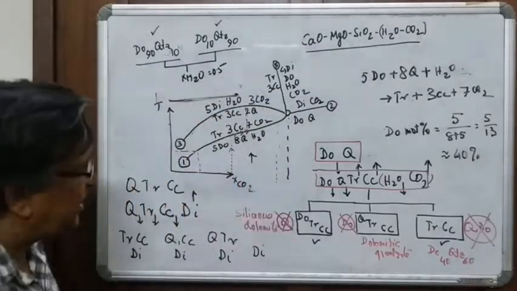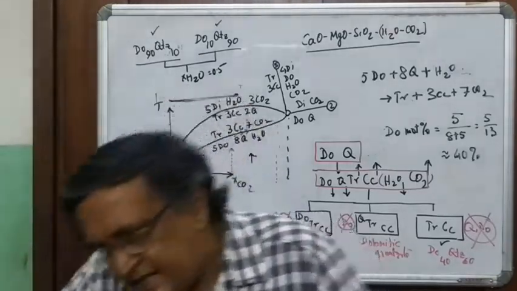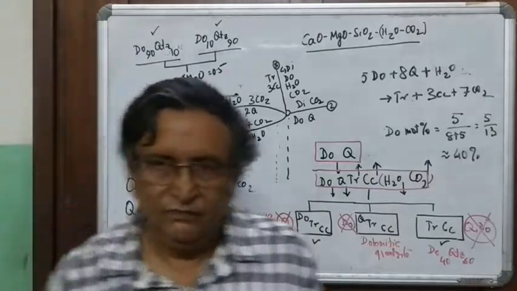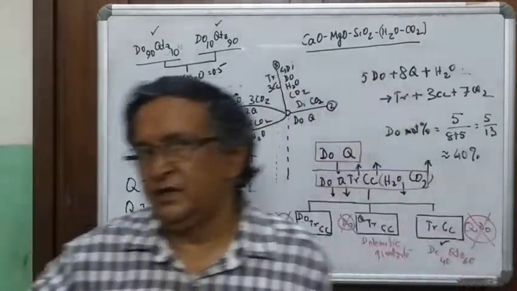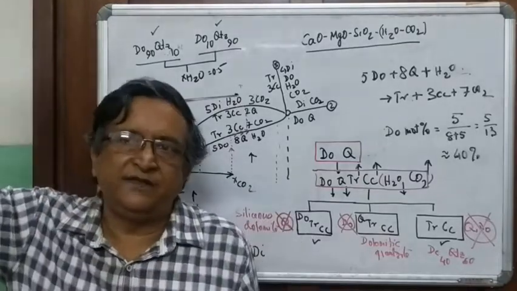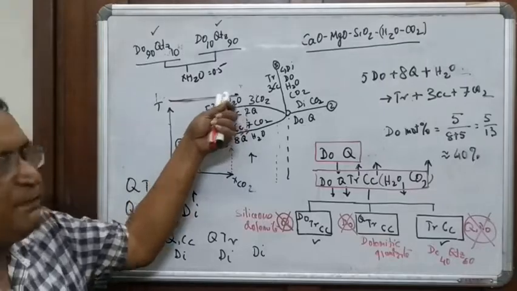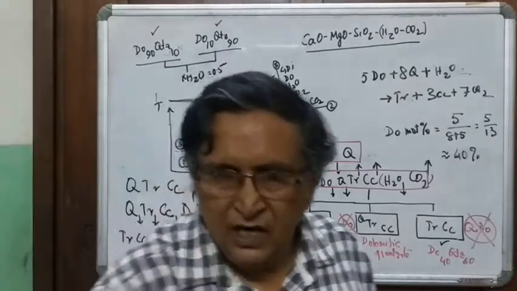Just because they have different mineralogy does not mean that they have different temperature. No, it does not mean that. Different mineralogies do not mean they have formed at different temperatures. All these mineralogies are possible at this particular temperature.